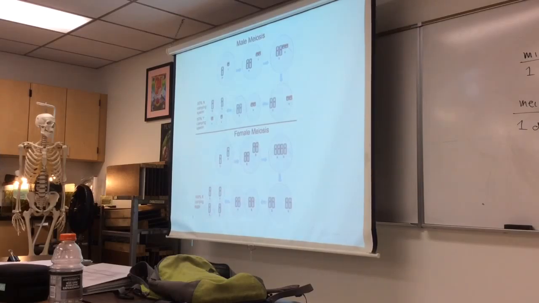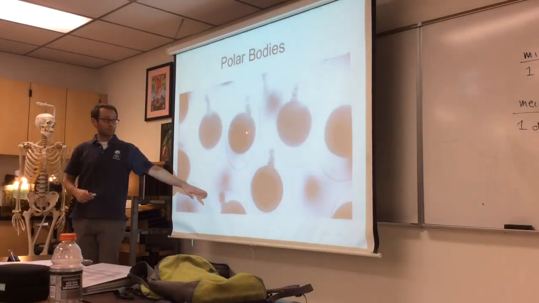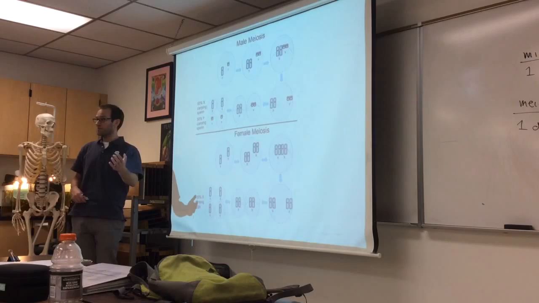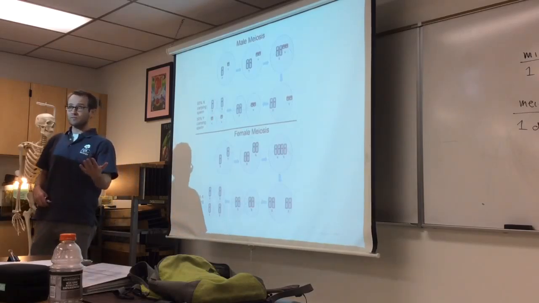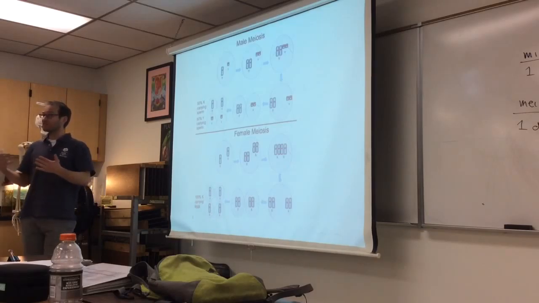Then you enter into metaphase and anaphase, and they separate. The cell divides, and they separate again, giving you 4 different cells that, regardless of which one actually becomes the egg, is going to carry an X chromosome. So the female always, barring some sort of error during meiosis, contributes an X. The male has a 50-50 shot at getting an X or a Y.